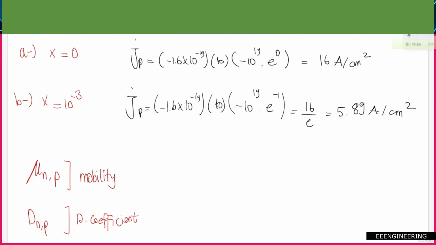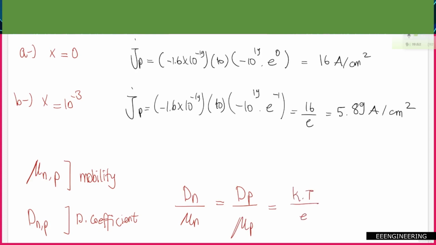The relevance between them is set up by Einstein's relation. So dN over nu n, where dN is the diffusion coefficient for electrons and nu n is the mobility of electrons, must be equal to the diffusion coefficient of holes over the mobility of holes, and that must be equal to K times T over e.